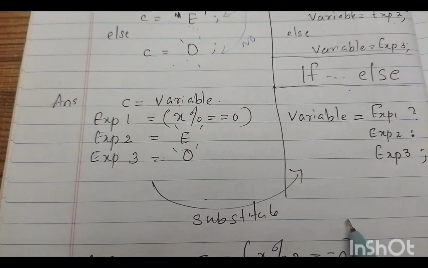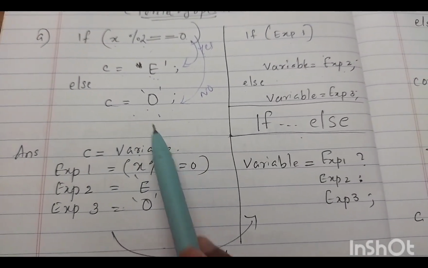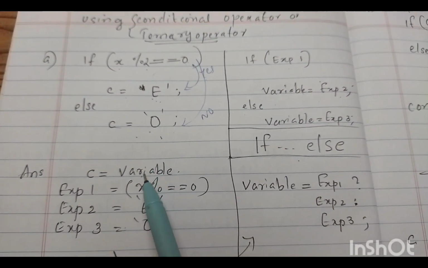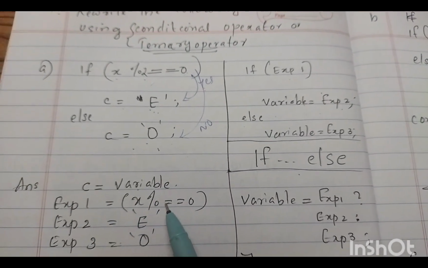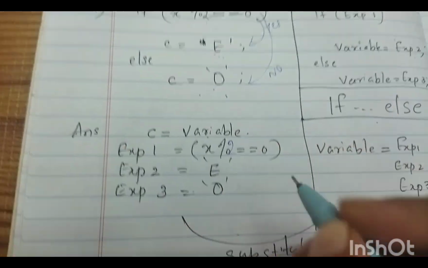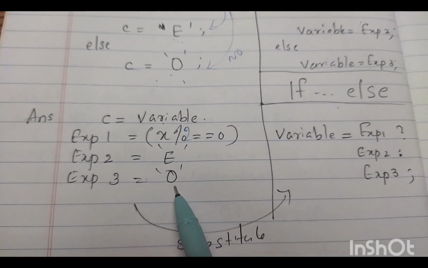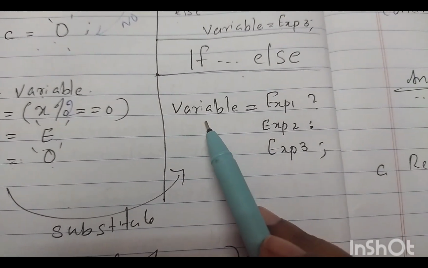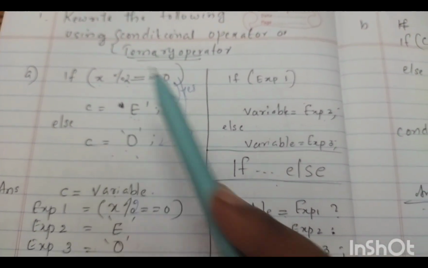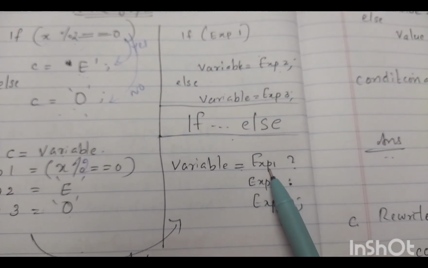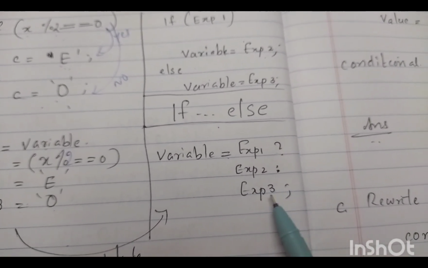How will we convert this to the conditional? Here the variable is c, expression 1 is x mod 2 equal to 0, expression 2 is the character E, and expression 3 is the character O. How will we write this? Variable is equal to expression 1, question mark, expression 2, colon, expression 3.